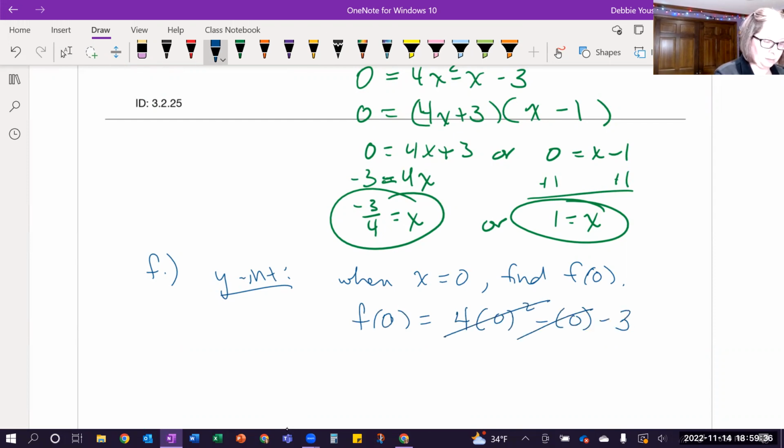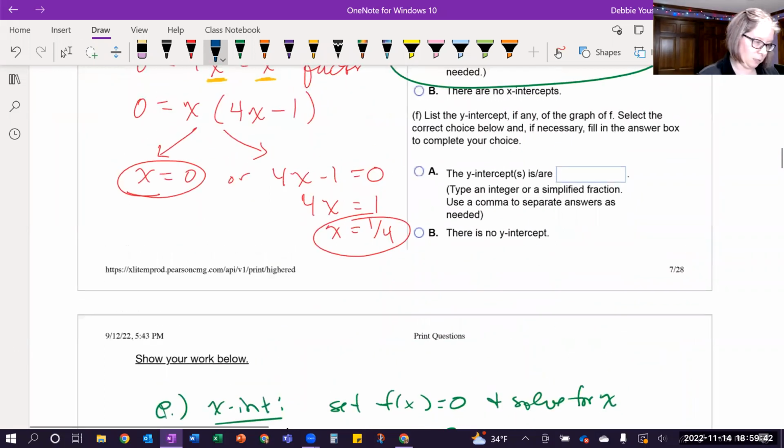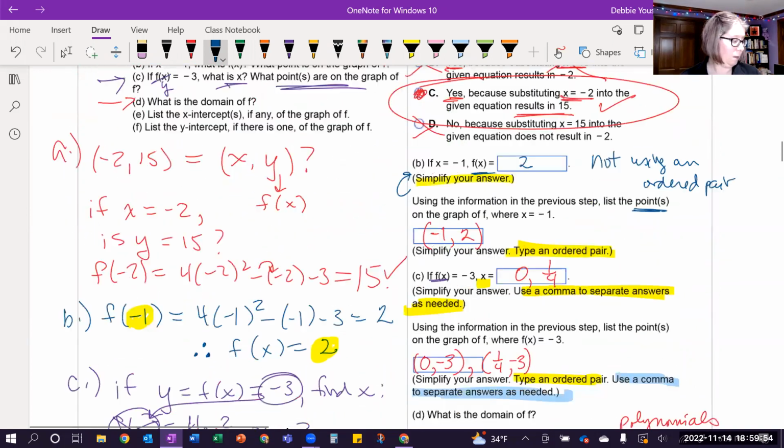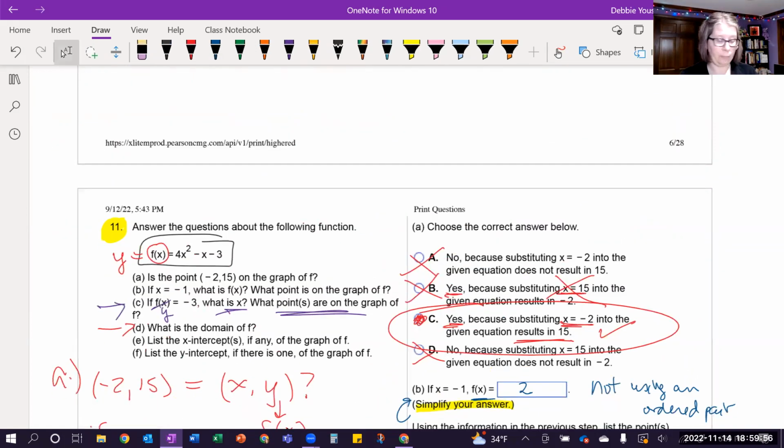That's 0, that's 0, so this is all negative 3. So the y-intercept is negative 3. And so I don't need to use a comma because I only have 1. It's an integer, it's negative 3. I select that, and there I go. And that's how I would do number 11, okay?